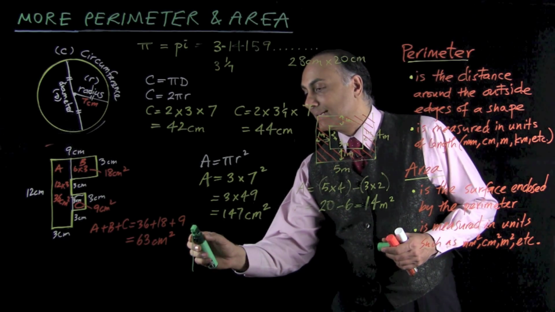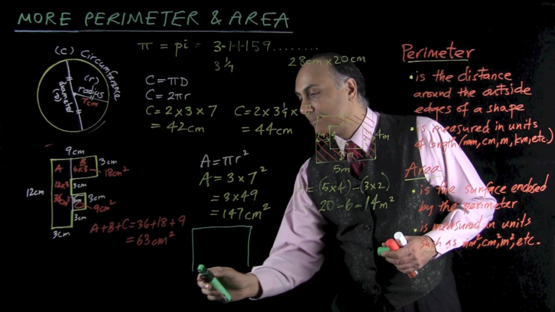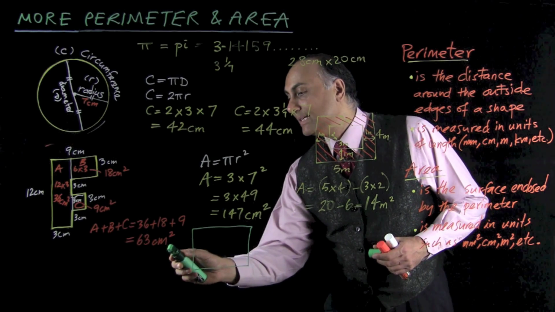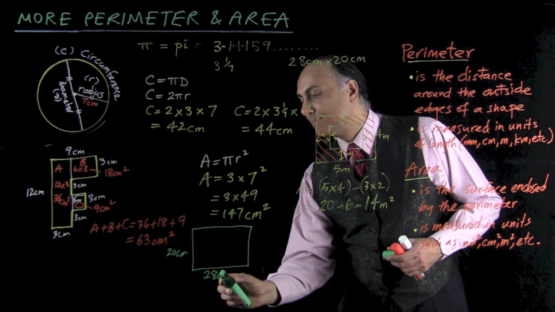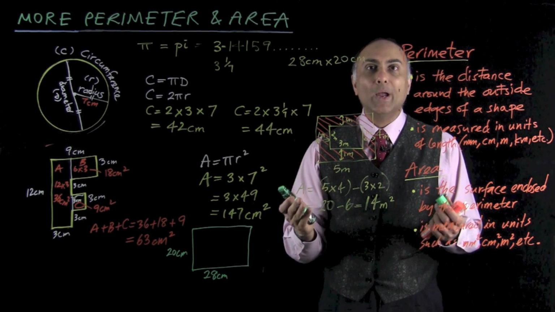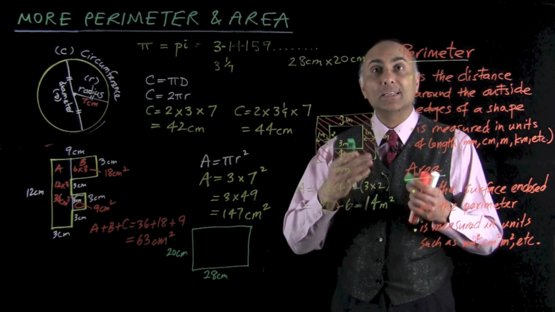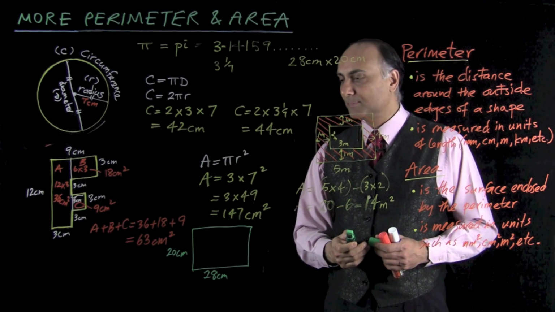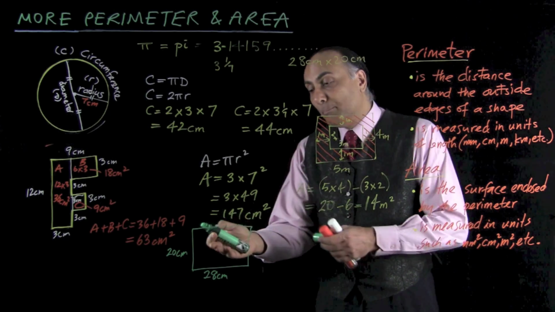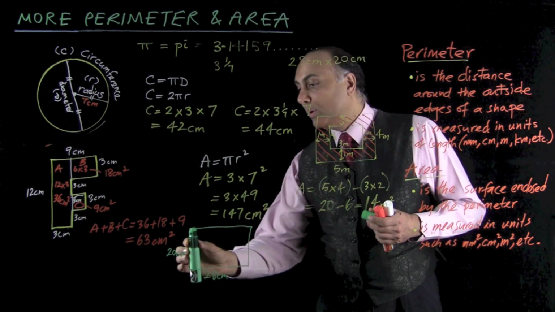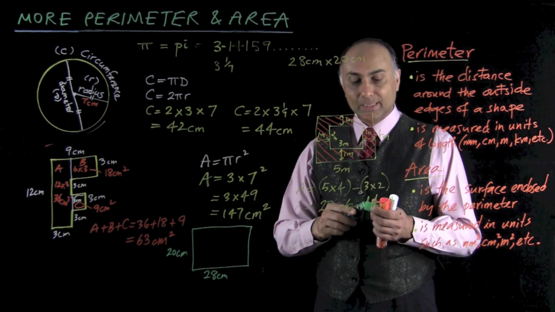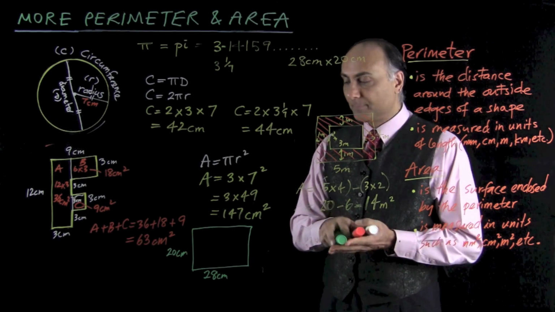Here we have a rectangular piece of paper, and it's 20 centimeters by 28 centimeters. We're cutting a square out of it. Sorry, we're cutting a circle out of it. Well, the biggest circle that we can cut out would be one with a 20 centimeter diameter.